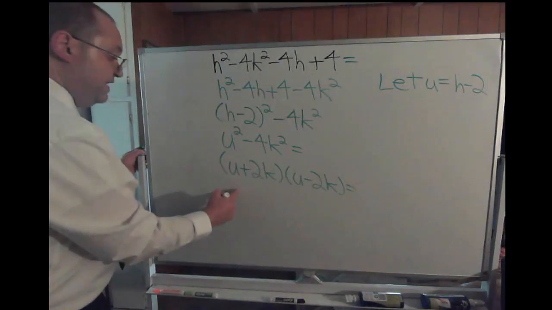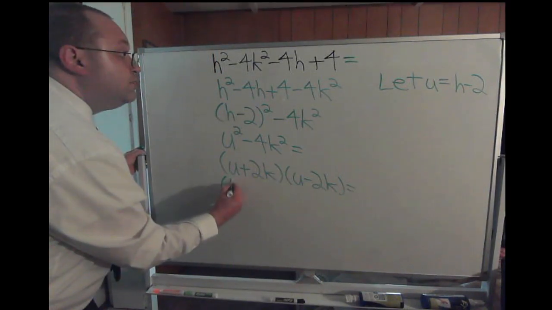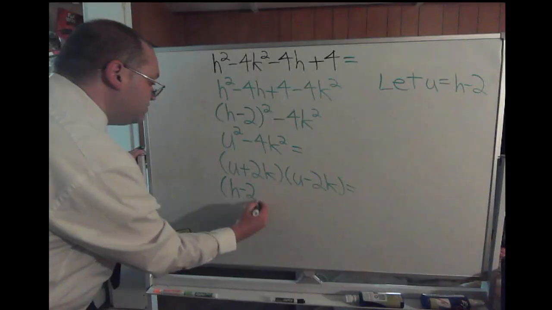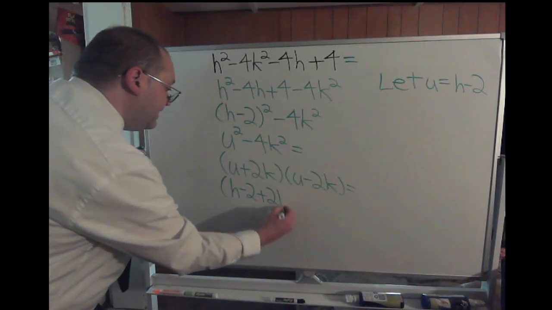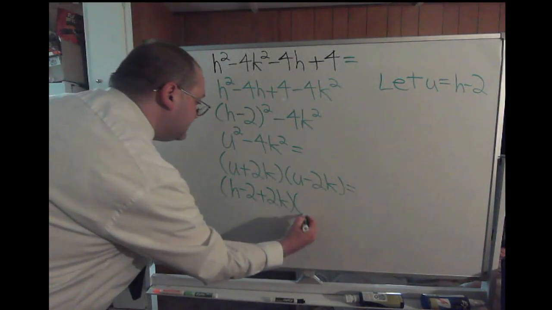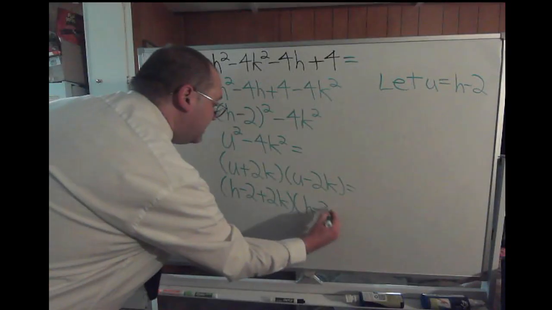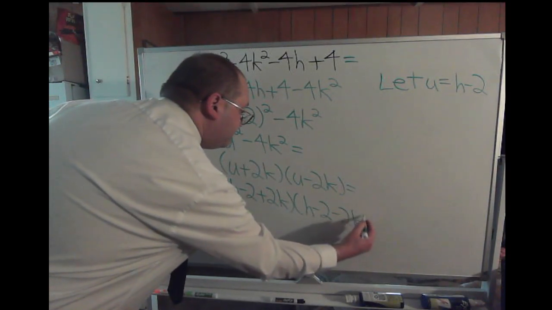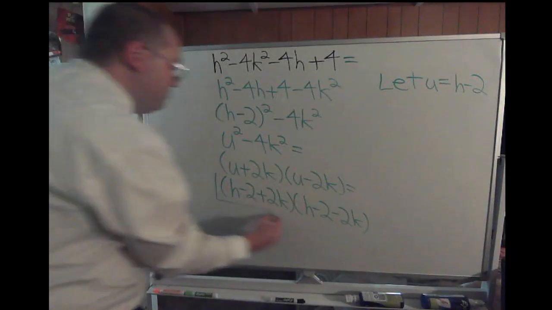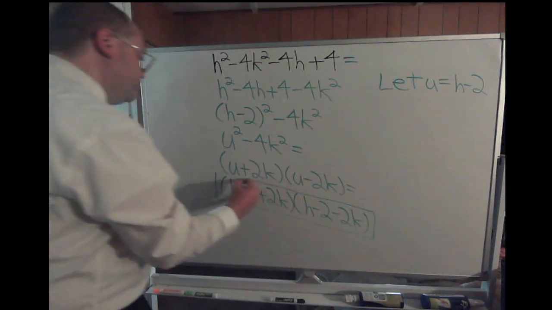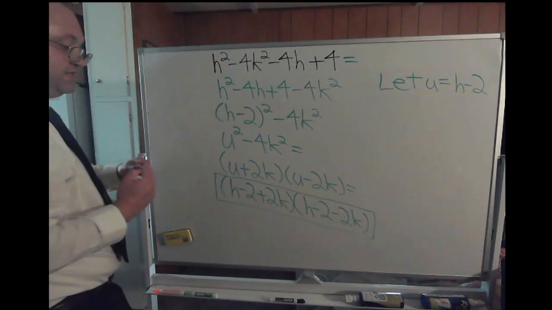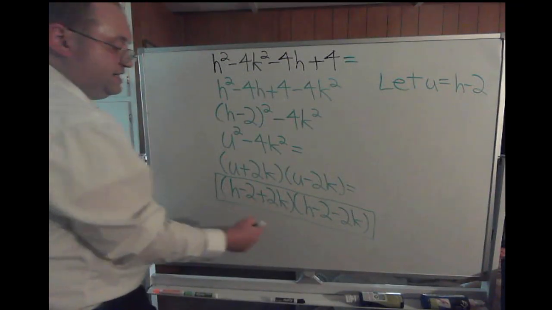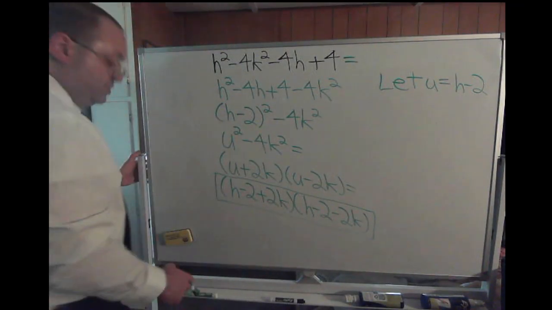Now, let's put the value of u back in. You would get h minus 2 plus 2k, that quantity times h minus 2 minus 2k. And that would be your answer for your factorization: h minus 2 plus 2k, that quantity times h minus 2 minus 2k.